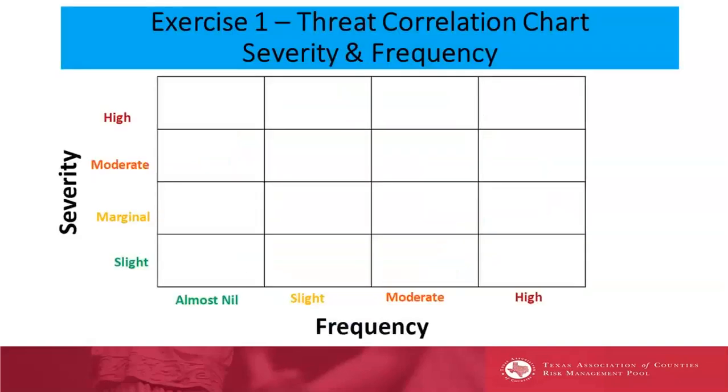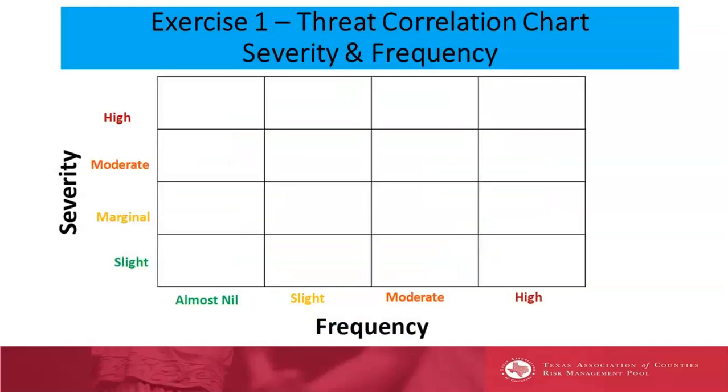And the first exercise, we call it a threat correlation chart. And mainly it's just to identify the risk level of several threats. As you can see, the chart goes severity on your left side. How severe is it? Was it a fatality? Was it a near miss? So we have from slight being the lowest to high.